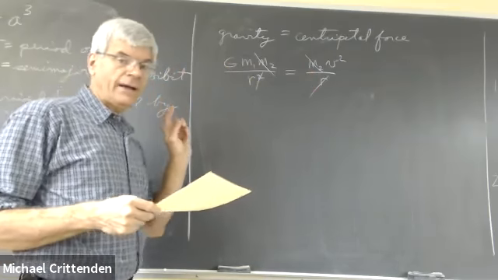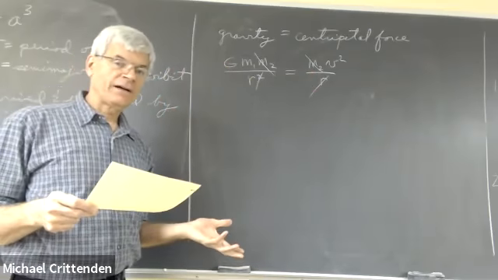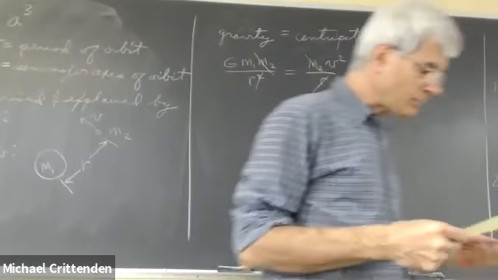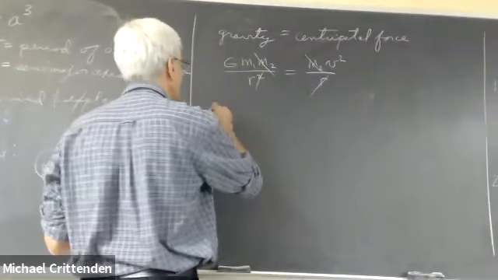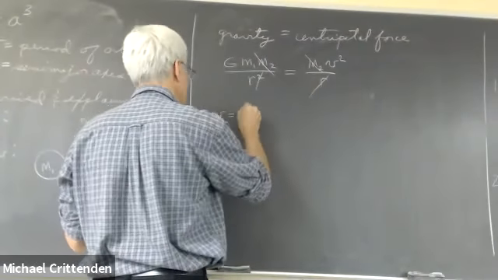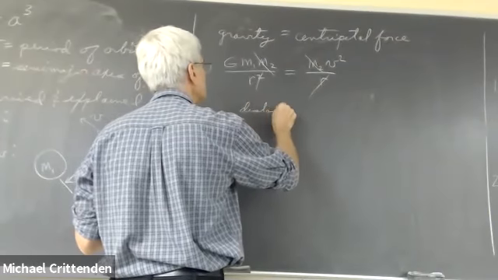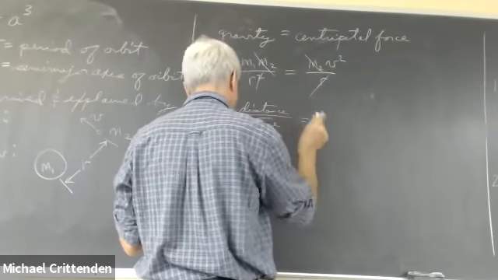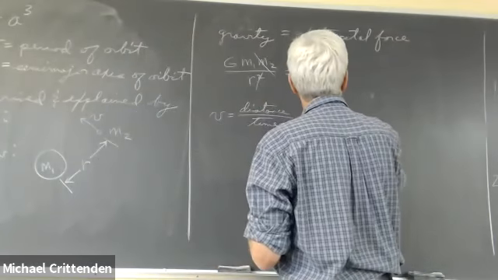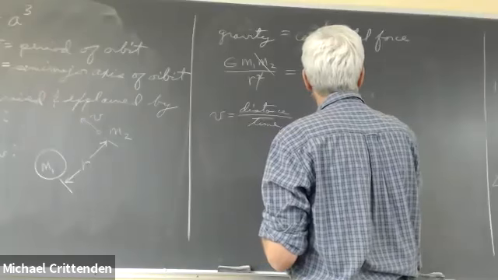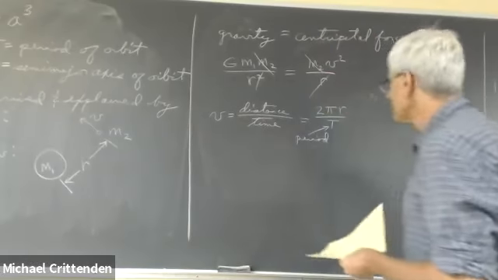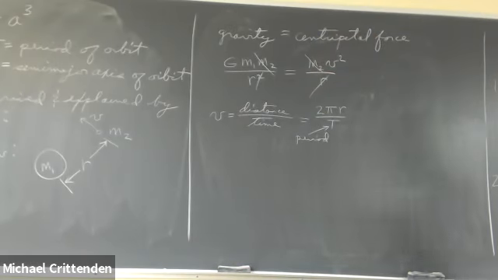Now, if we're going to have an expression that involves the orbital period, I need to make a substitution. On a circular orbit, the speed of the planet would stay perfectly constant.